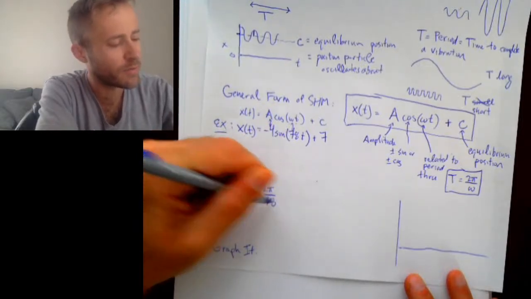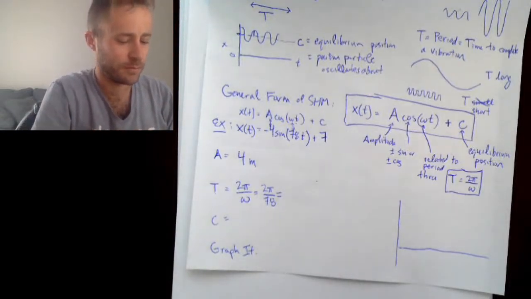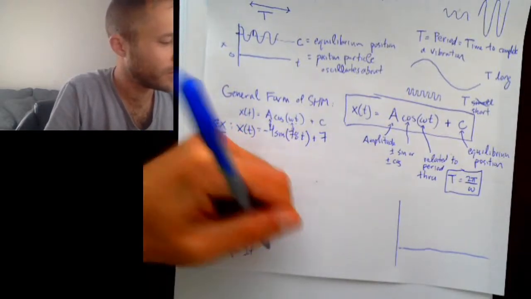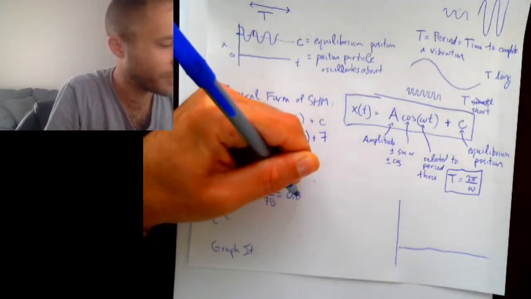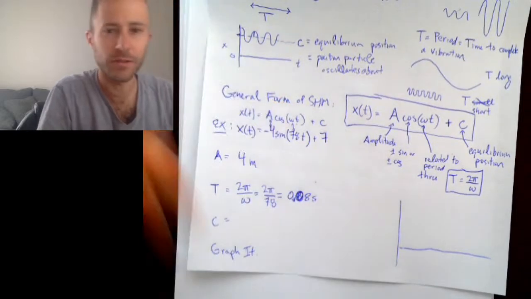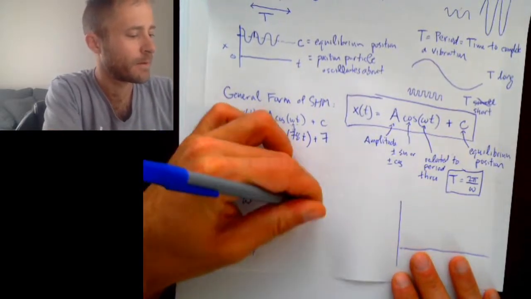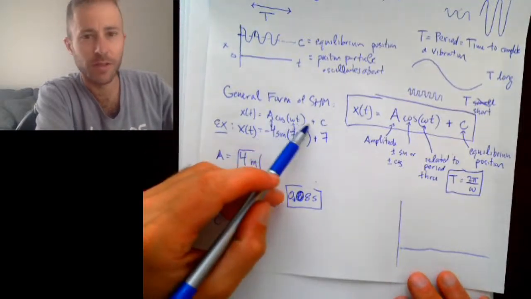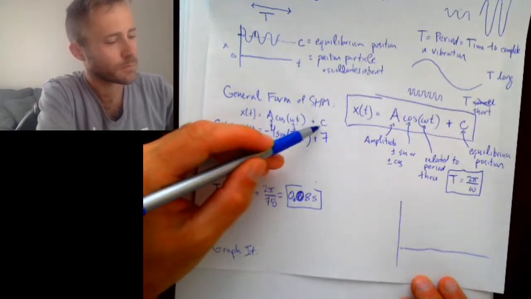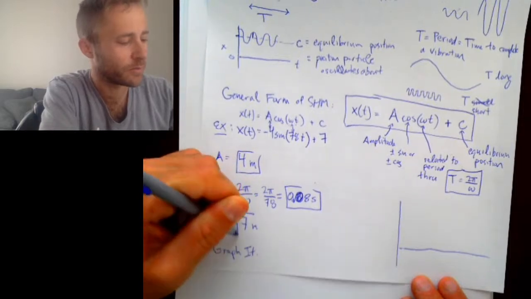So 2 pi over 78 is going to be the period, which is 0.08 seconds. Then the number that is added on to the very end, that is the equilibrium position. So here the equilibrium position is 7 meters.